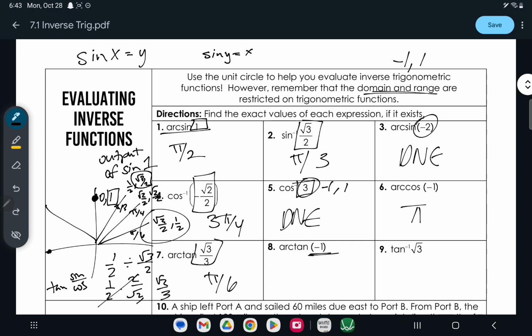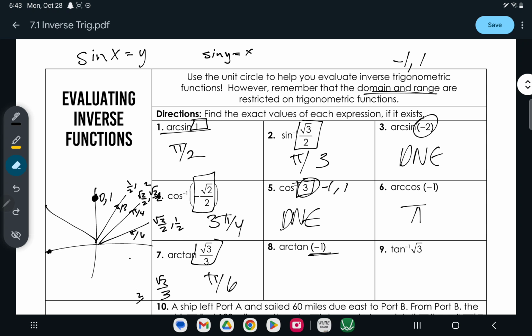Right? Arctan of -1. Gotta think about this one. Okay, so the times that sine over cosine is 1.